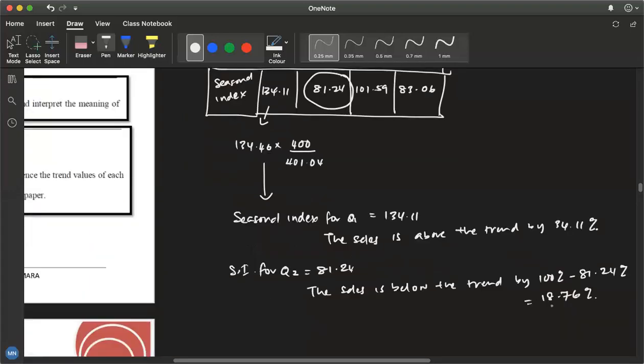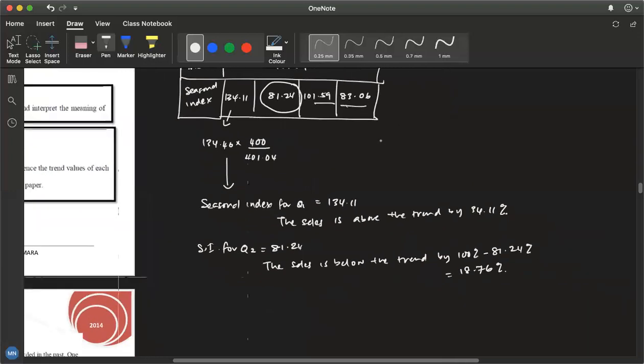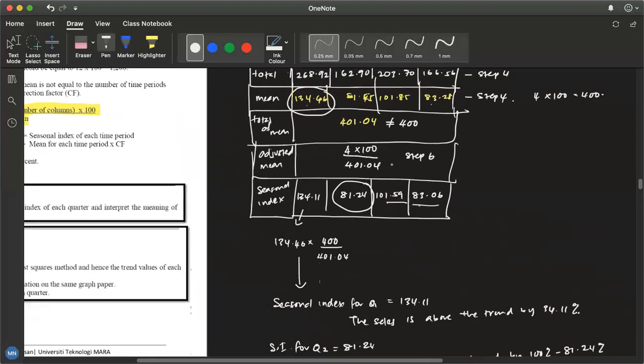So this is the value. For the rest, quarter number 3 is more than 100%, so it is above the trend by 1.56. This is below the trend, which is 100 minus 83.06, so this one should be equal to 16.94. So this is how we calculate the seasonal index, right? Okay, are you clear with this one?